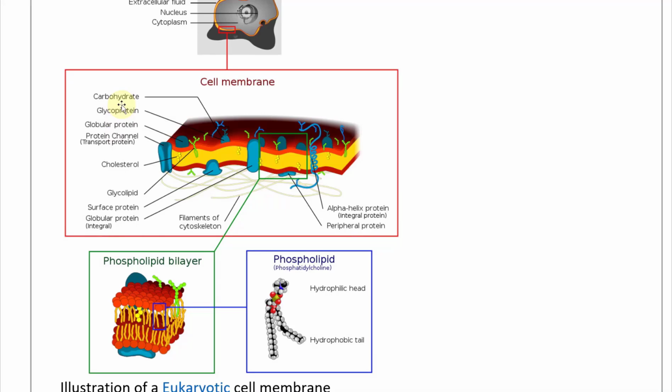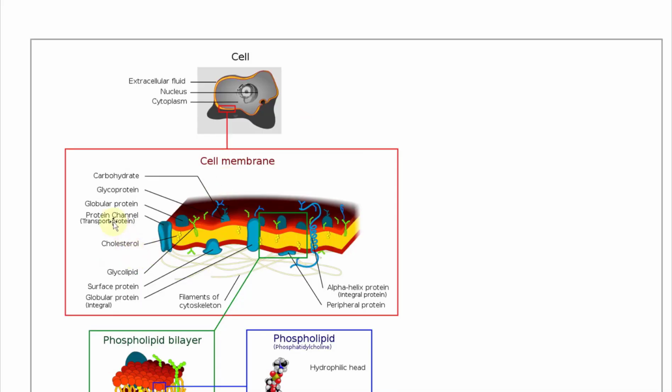And here's some various structures around it. You got carbohydrate sticking out there. You got some glycoprotein, which is a carb and protein mixture. You got this globular circular protein over here. Yes, and this one here is a protein channel or transport protein.